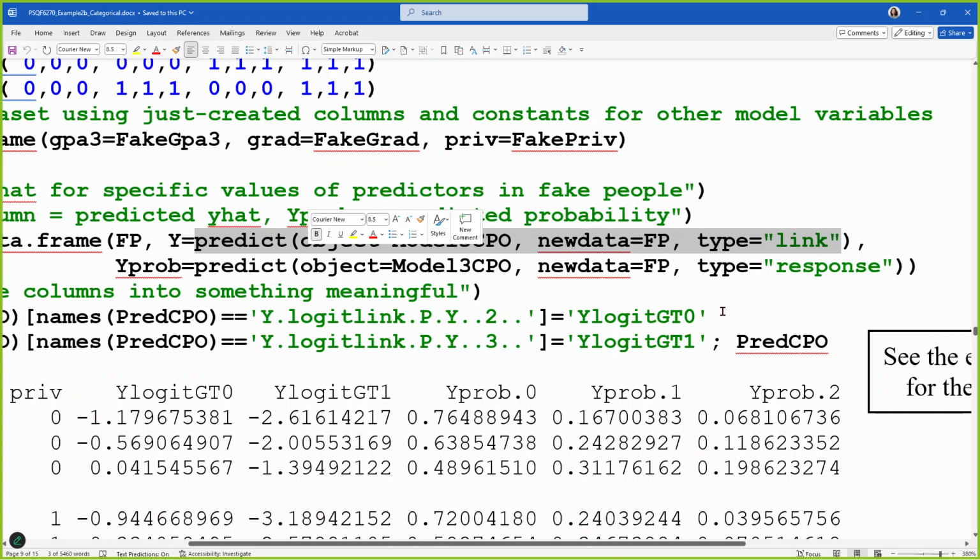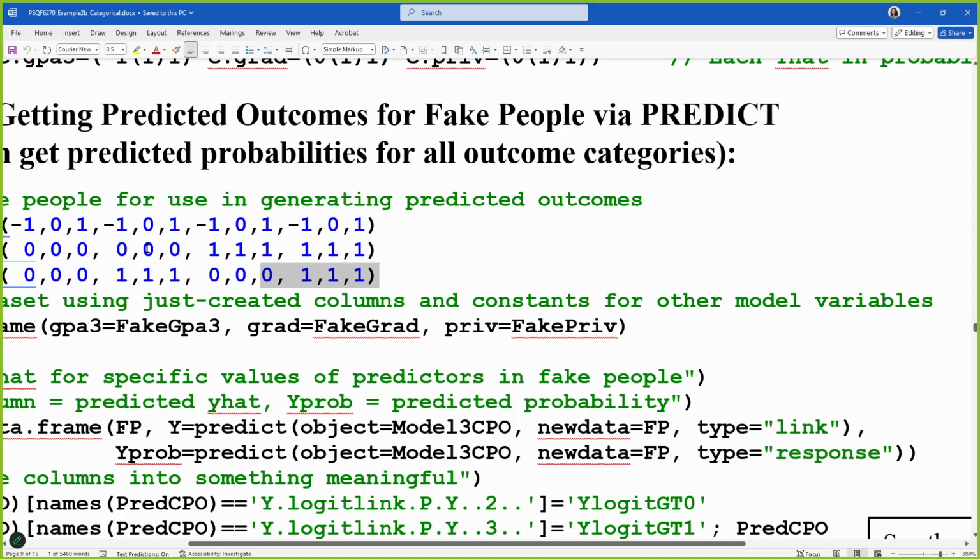So it's using all the coefficients from my model results to build predicted outcomes for these sets of fictitious people in logits, type equals link. And then I made a second column it's going to generate called yprob, which stands for probability. And I know that it's going to be a probability because type equals response is the data scale. So predicted logits and predicted probabilities is what I'm generating for these 12 fake people from my last model.